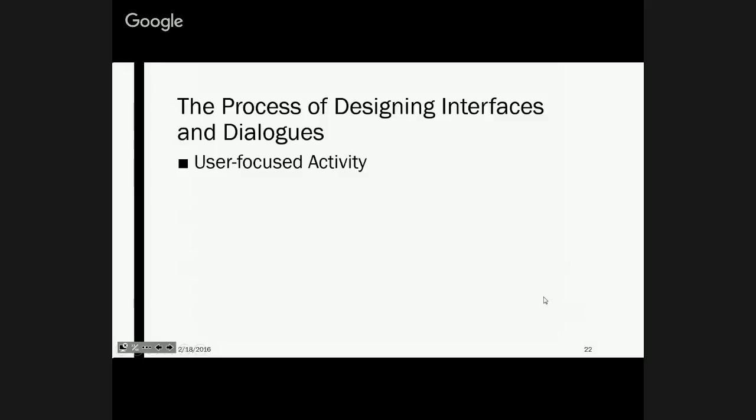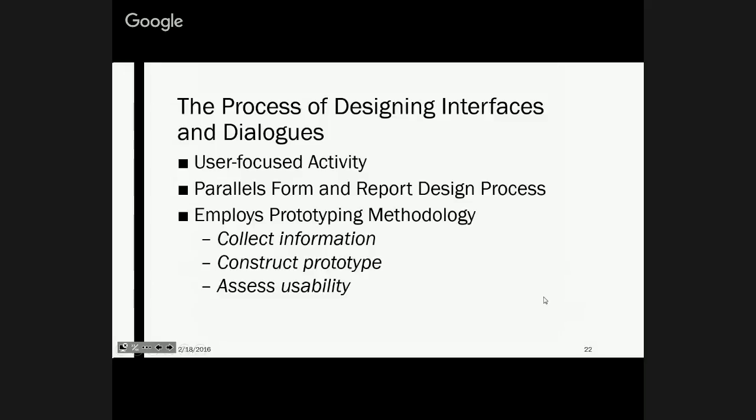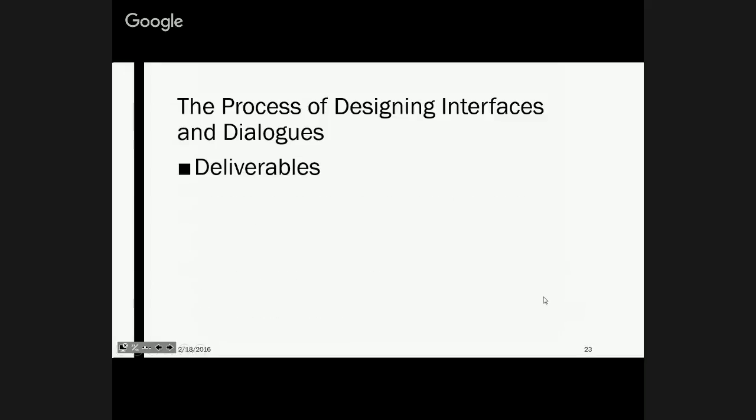So designing these interfaces, just like our reports and forms, focus on the user. It goes right along with our form and design process, kind of side by side, right? They're parallel. We prototype it, collect information, make the prototype, look at how usable it is, refine it, have it looked at again. So this is the same process.